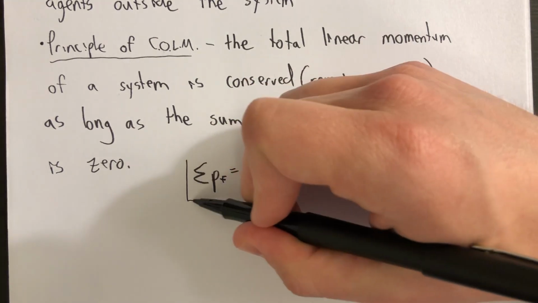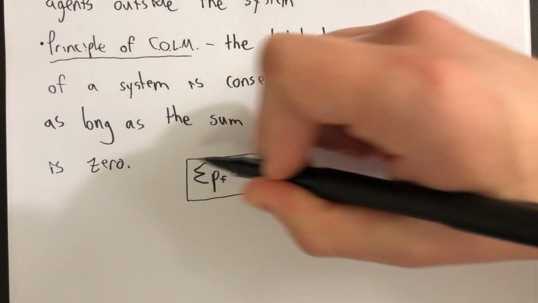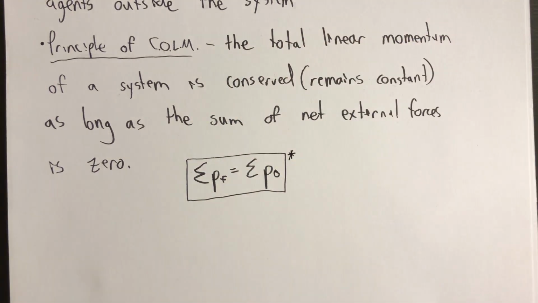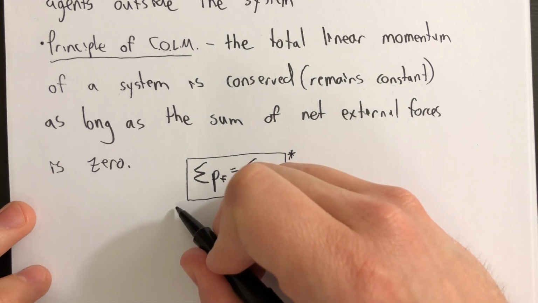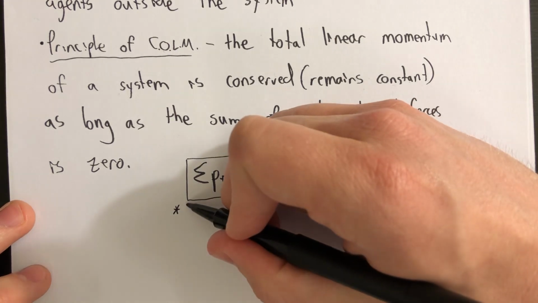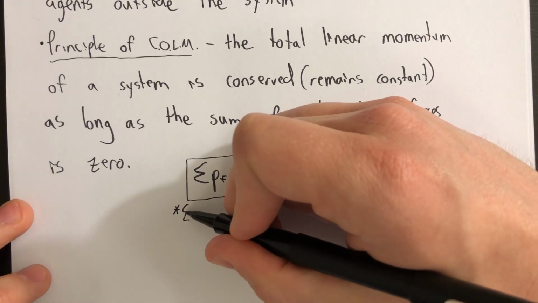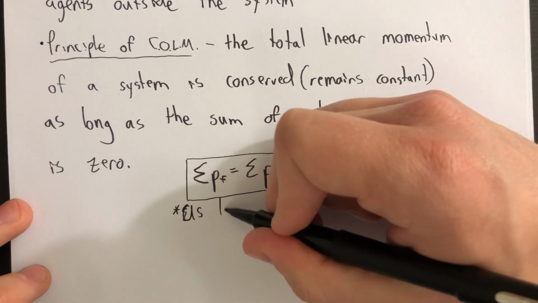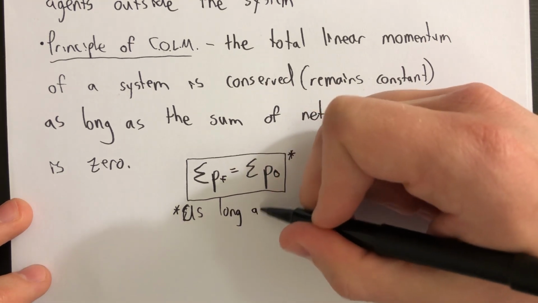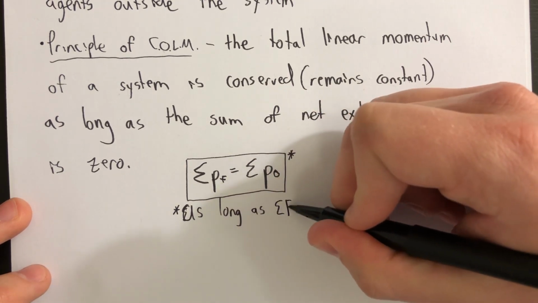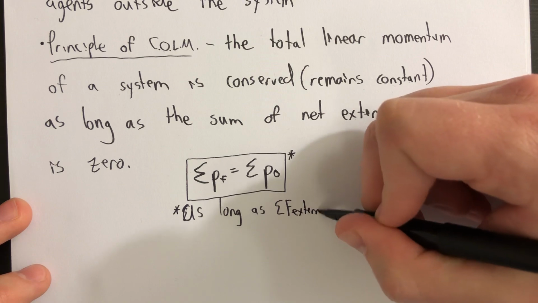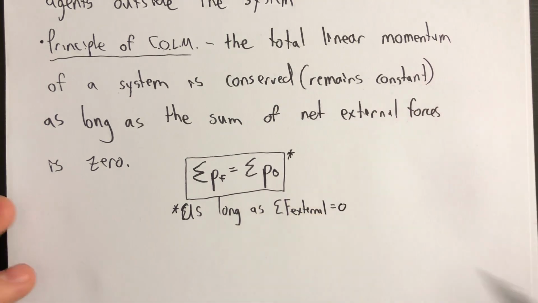We'll put a box around that. Put a little asterisk because it's pretty important to have the sum of the net external forces is zero. So we'll write that mathematically as well. As long as the sum of F external equals zero. And that's all the writing I've got for this page.